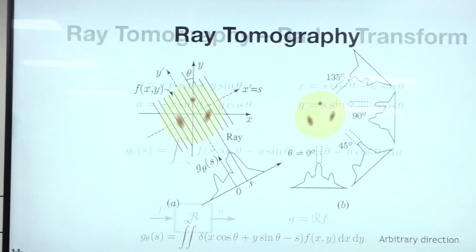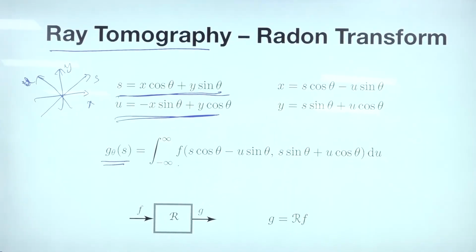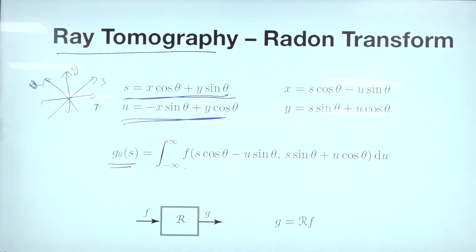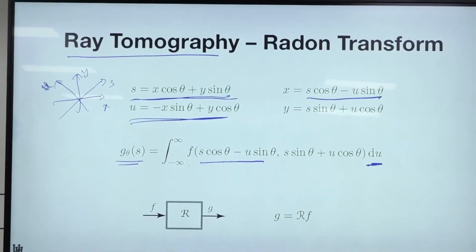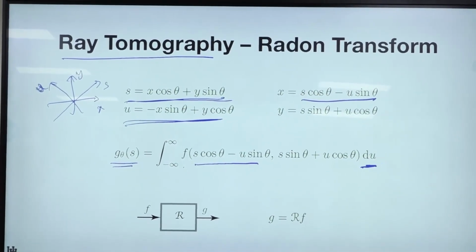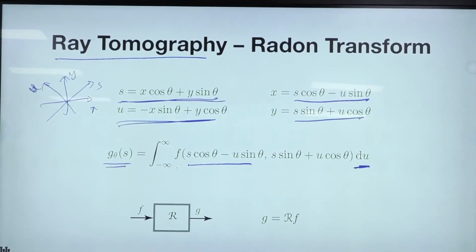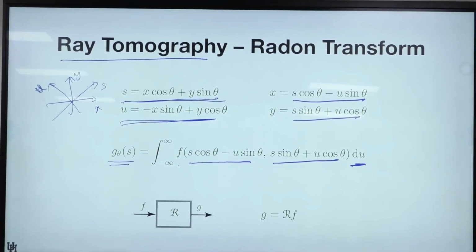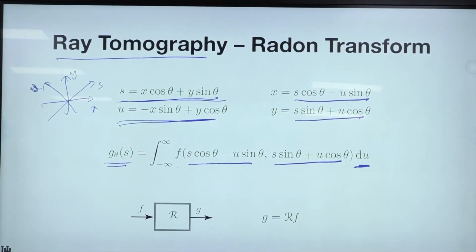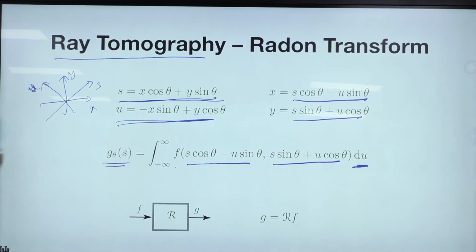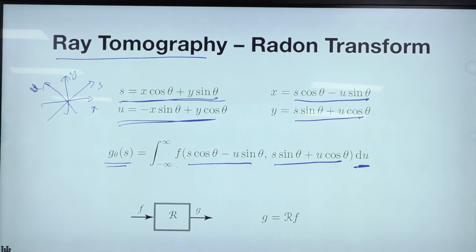After you rotate the coordinates, it's only an integral along one direction, u. So you get x equals s cos theta minus u sin theta, and y equals s sin theta plus u cos theta. After rotation of coordinates, you integrate along one dimension. So you do a projection and you get the data. That's really what this equation is.